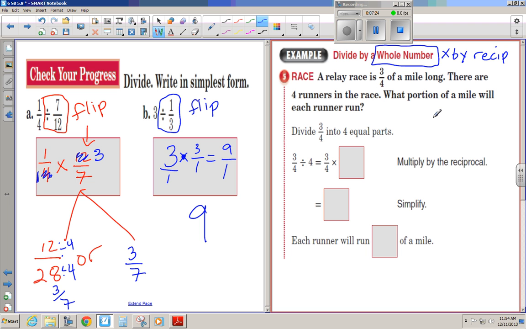So the reciprocal of 4, well, 4 is 4/1, so when we flip it, it becomes 1/4. So 3/4 times 1/4. 3 times 1, and 4 times 4 gives us 3/16 of a mile. That's how much each runner will run.